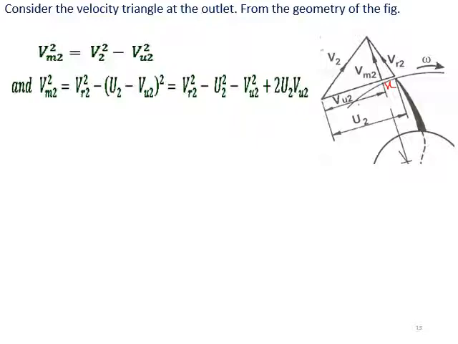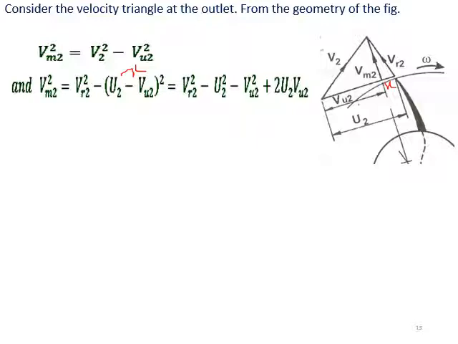So now we can write this expression as Vm2 square is equal to Vr2 square minus x square, where x is equal to u2 minus vu2, that whole square. So now Vr2 square minus (u2 square plus Vu2 square minus 2 u2 Vu2).